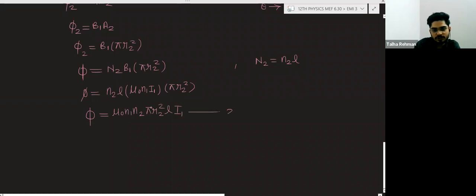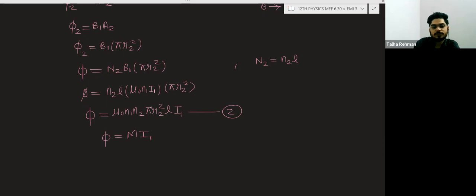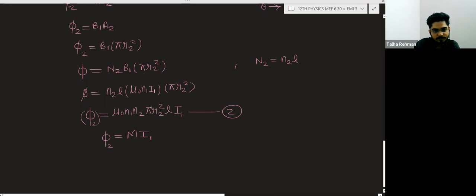Now suppose this is your equation number 2, and what was your equation number 1? Phi 2 is equal to M I1. So this is phi 2 total, that is equal to M I1.